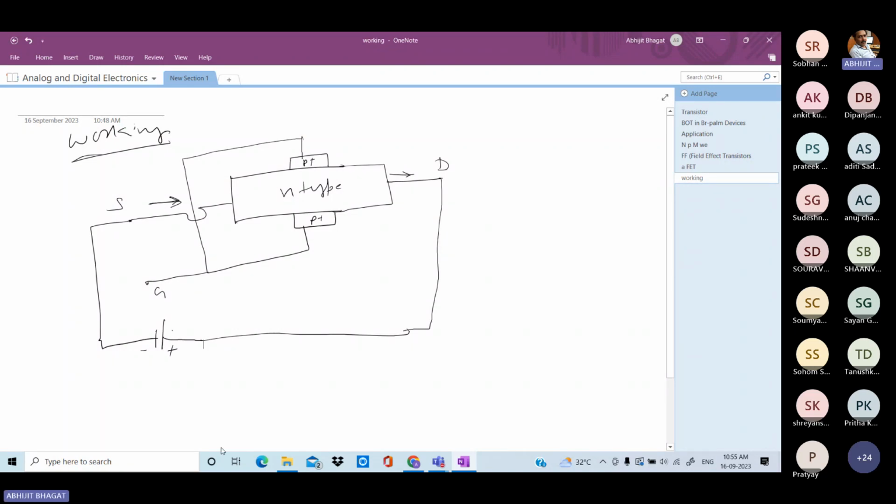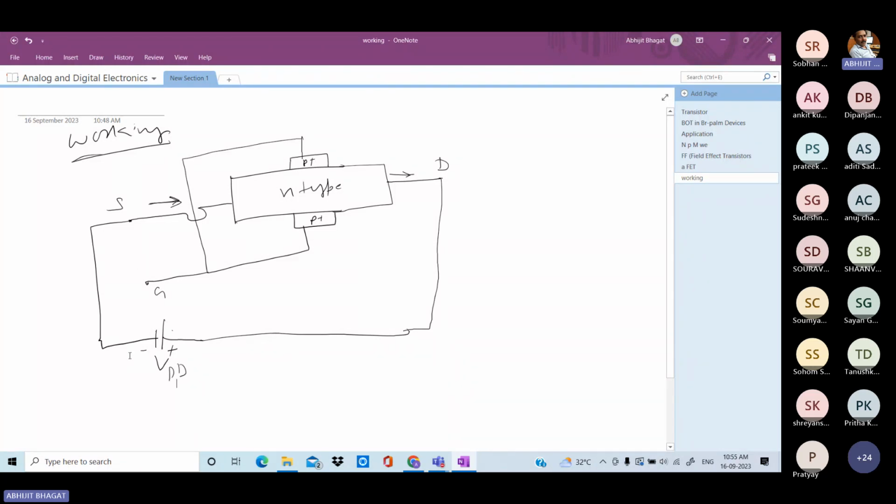Now next is your gate terminal. Now see here, if you do not connect a voltage to this gate terminal, and you have connected the supply between source and drain, suppose this voltage is VDD. So you supply the voltage VDD.